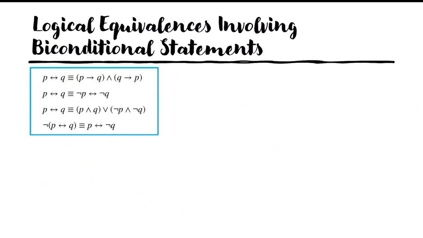Okay, now let's look at some logical equivalences involving biconditional statements. For biconditional statements, we briefly talked about them last class. So we have P if and only if Q. This is the same as saying that P implies Q and Q also implies P. They imply each other.